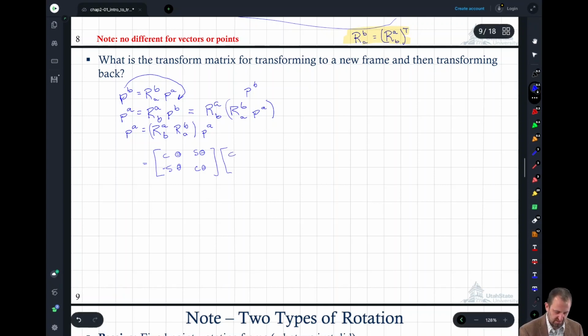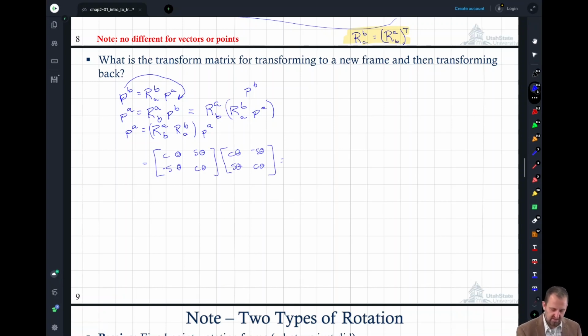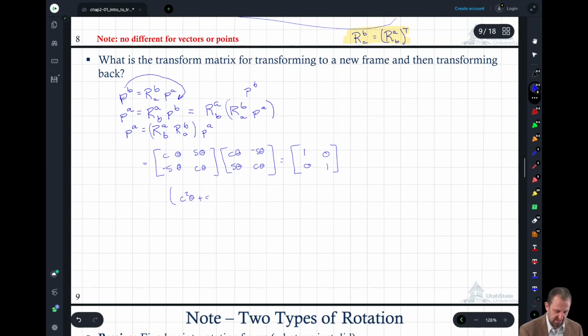So we have cosine of theta, still cosine of theta, then negative sine theta, and sine theta. Okay, and if you work this out, you'll end up getting 1, 0, 0, 1. So just do this matrix multiplication, use our trig identity that cosine squared of theta plus sine squared of theta is equal to 1, and things work out rather nicely.